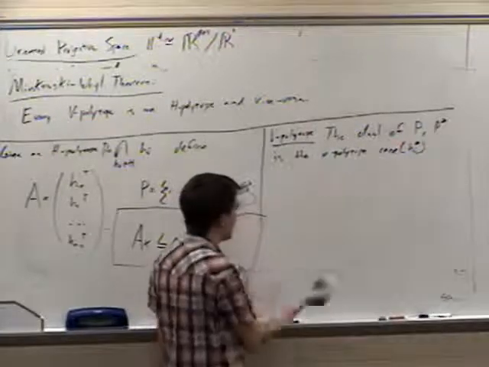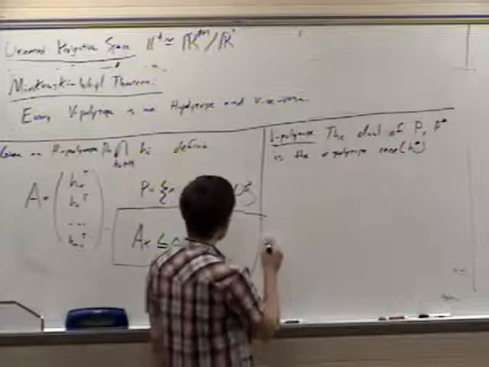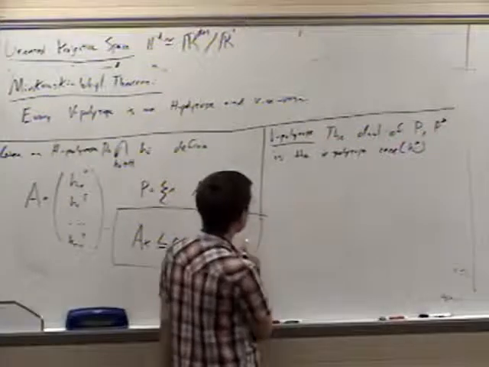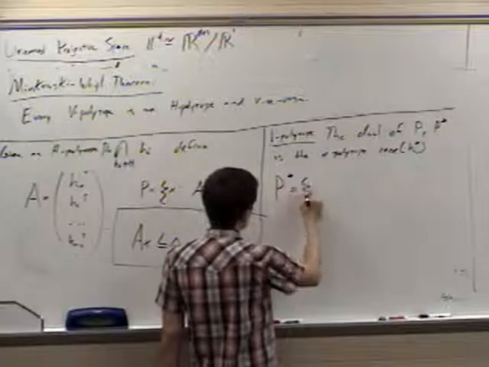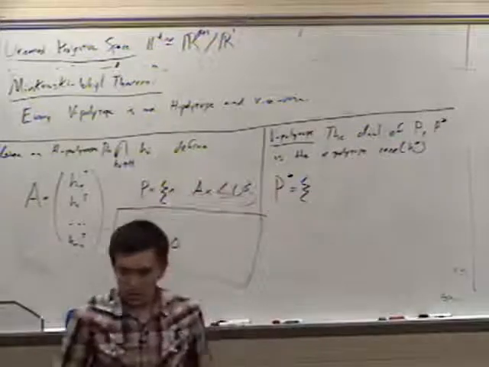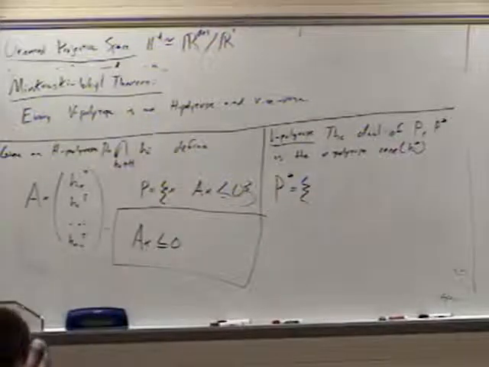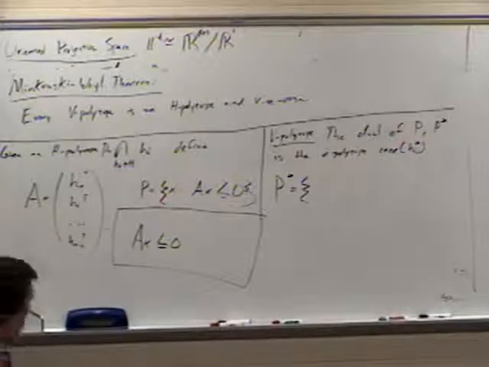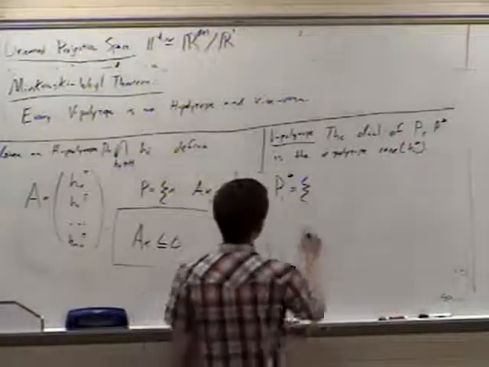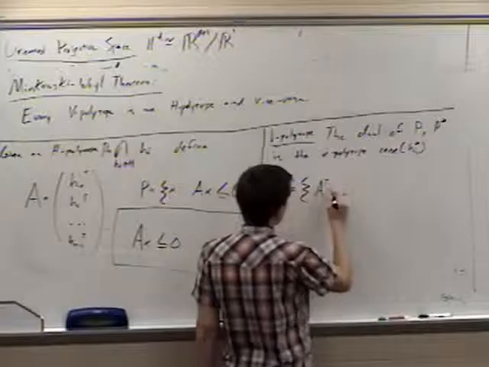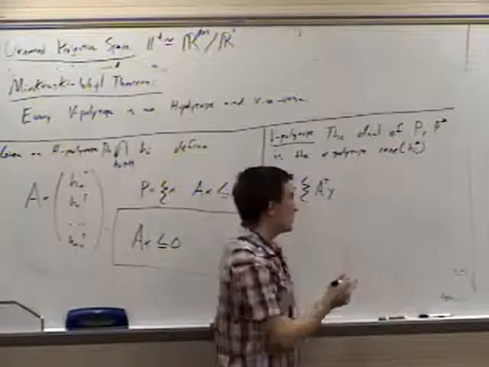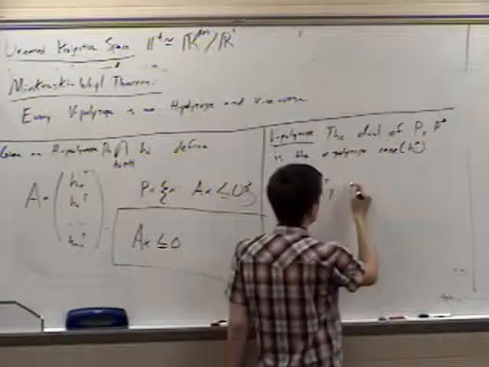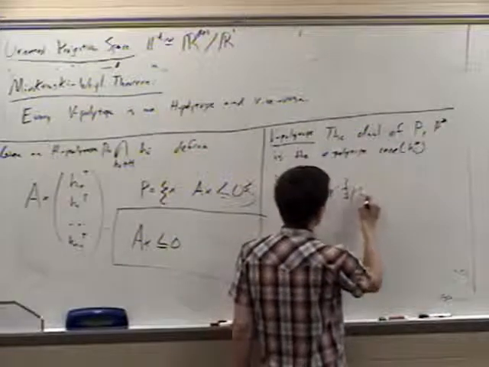Or another way we could write this formally is that P star is equal to the set of all points of the form A transpose y, right? Because we're just flipping that matrix. And then we're going to define y to be such that there exists a y in Rn.